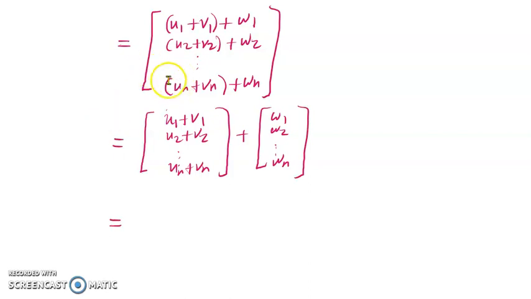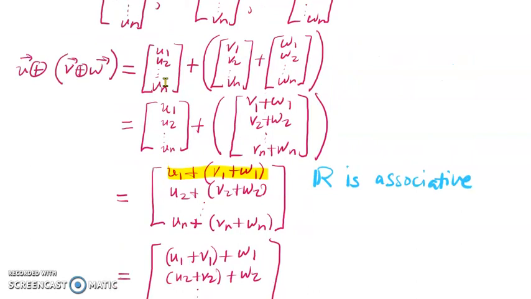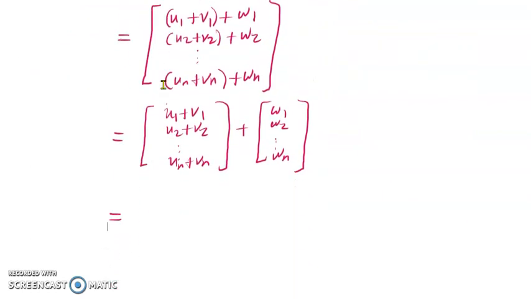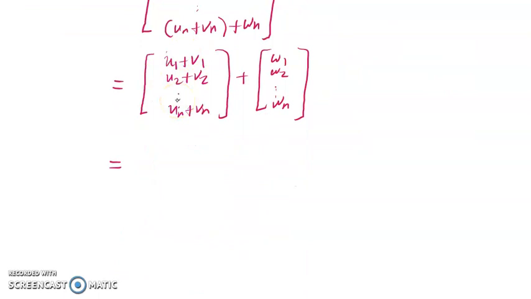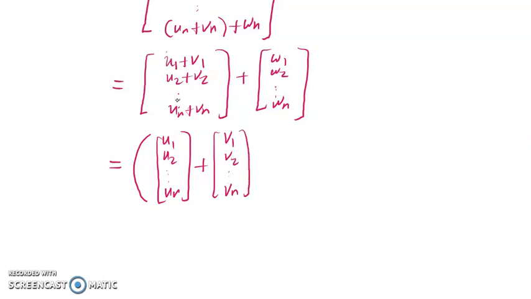And that is just equal to the quantity u1, u2 up to un plus v1, v2 up to vn, and this is plus this matrix w1, w2 up to wn.